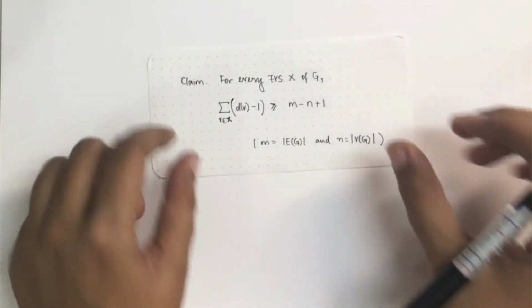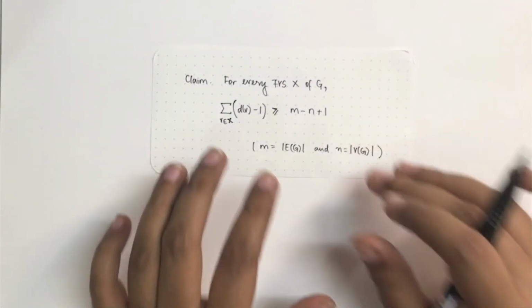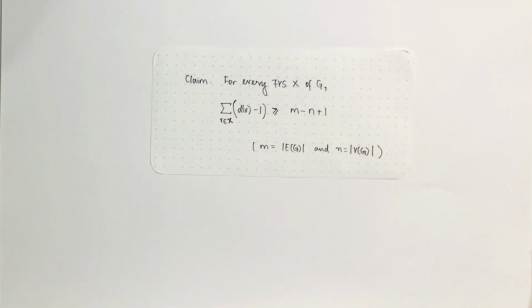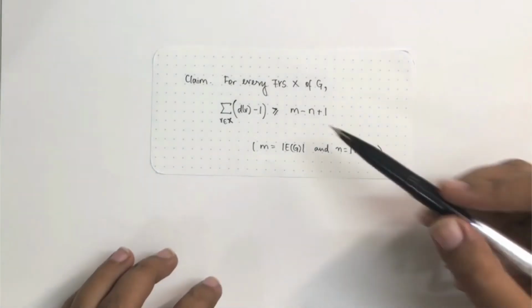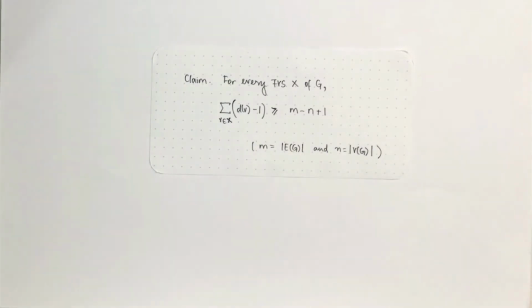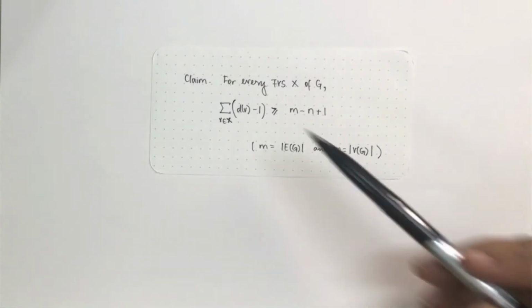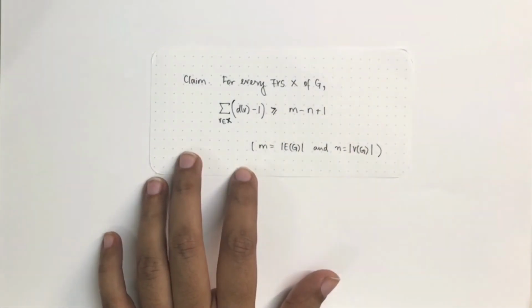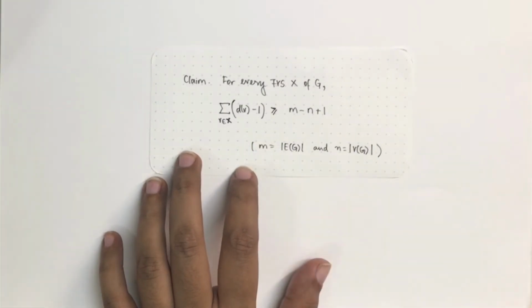So let's get started. First, we will show a small intermediate claim, which is effectively a lower bound on the sum of the degrees of all the vertices in a feedback vertex set. The expression here is slightly more awkward than that. It is the sum of numbers that are one less than the degree, and of course we could have just rewritten that and pulled out a k on the other side, and that would have been a little more convenient.